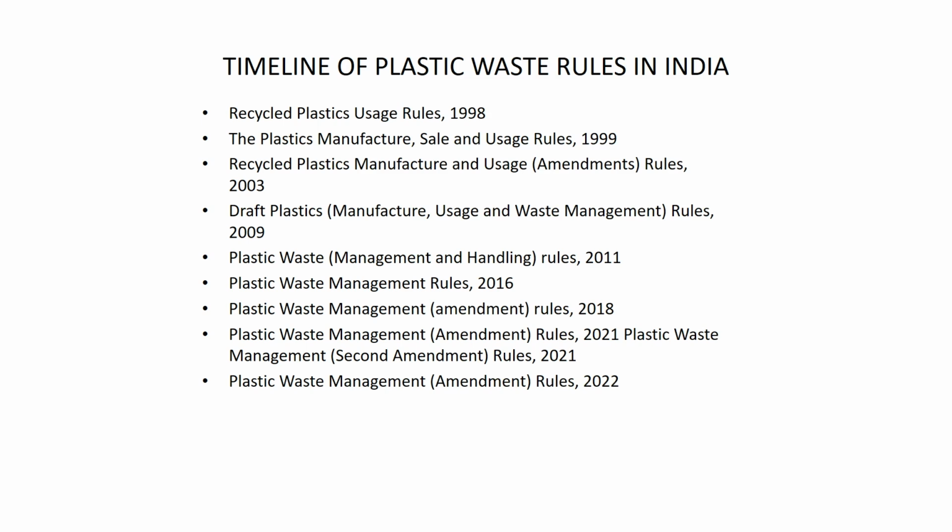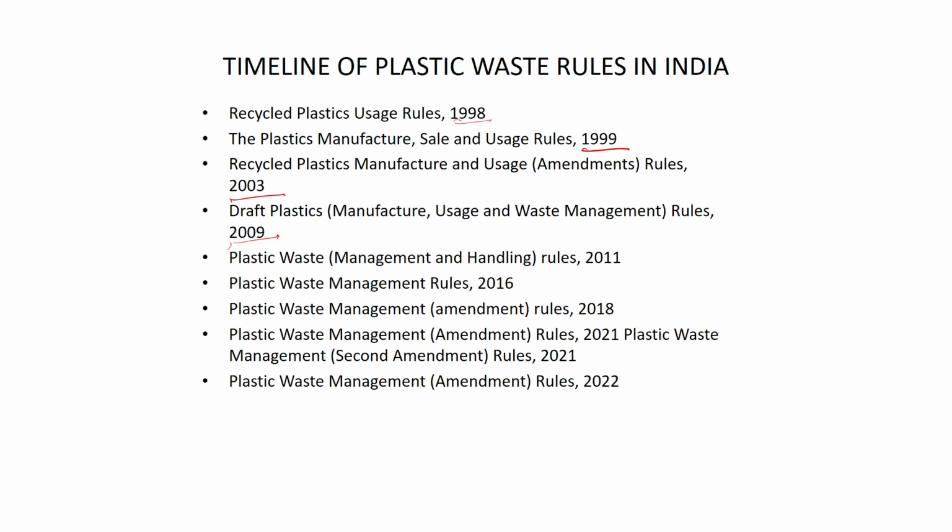This is the timeline of the plastic waste rules in India. The recycled plastic usage rules came out in 1998. The plastic manufacture, sale and usage rules came out in 1999. The recycled plastic manufacture and usage amendment rules came out in 2003. The draft plastic waste management rules came out in 2009.